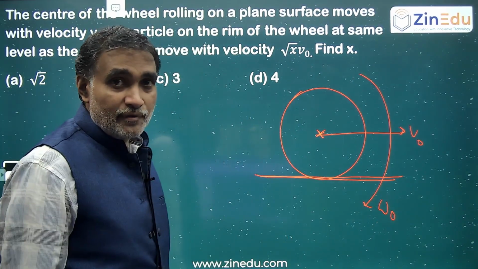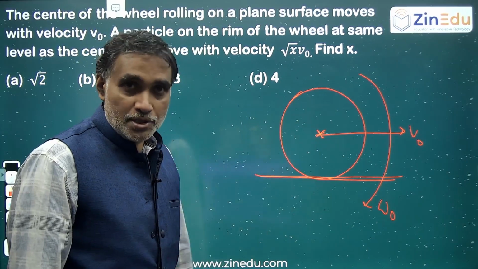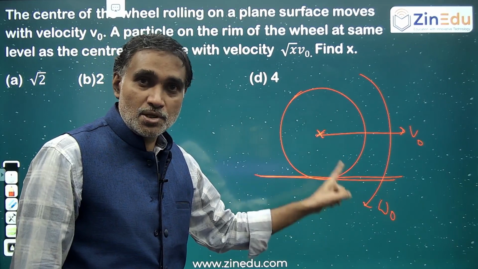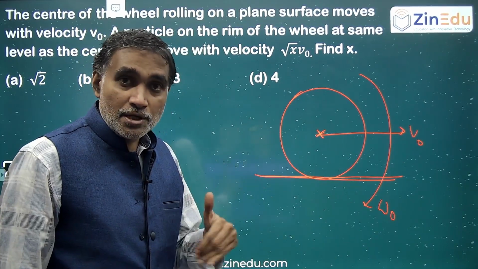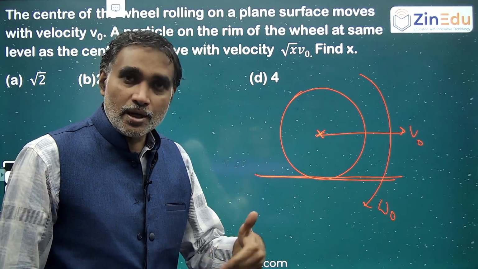What is the velocity of any point? It is velocity because of translation plus velocity because of rotation. Because of translation, all the points have the same velocity, equal to the velocity of the center, including direction. Because of rotation, the velocity of each point is r omega naught along the tangent. r omega naught is nothing but v naught.